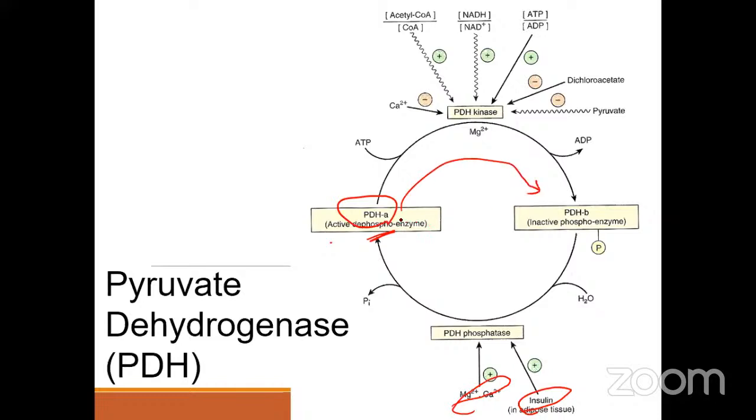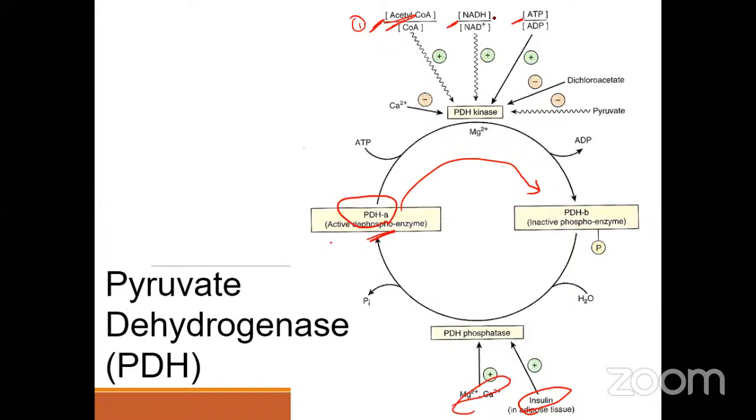The factors which convert the active PDH to inactive PDH are: one, the end product acetyl CoA, when the ratio of acetyl CoA to CoA is high, which means the product is high; the NADH to NAD ratio, which means when NADH is high; and when the energy status of the cell is high.